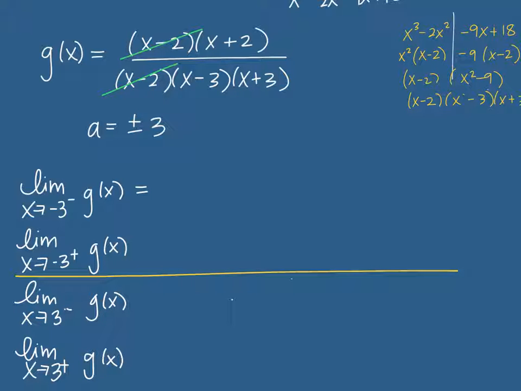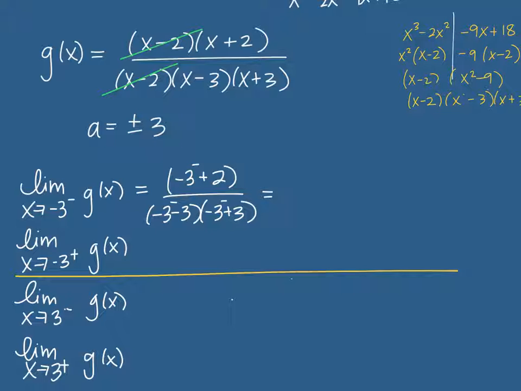And so I'm going to put negative 3 left into the factored version. So that's negative 3 minus, which is a number that's a tiny bit smaller than negative 3. It's on the left side of negative 3, and I'm putting that into the factored version.